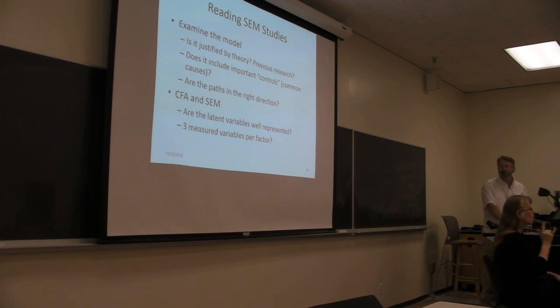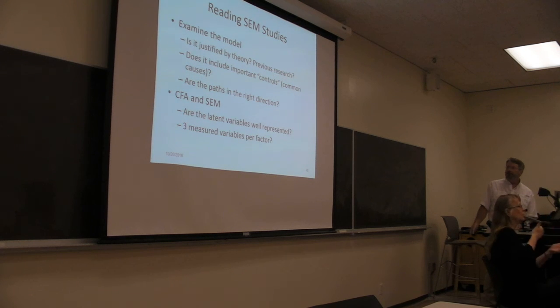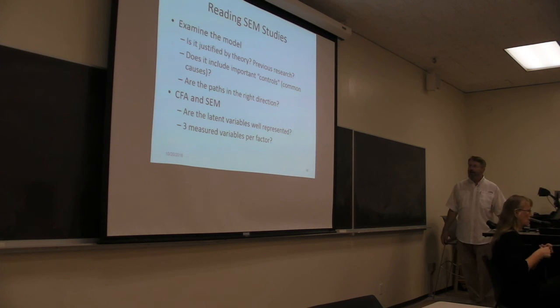Well, the first thing to do is to examine the model. And presumably you know something about theory in this area of inquiry. So you need to make sure that the model is consistent with theory. Presumably you know something about the previous research in that area. And so you need to make sure that the model is consistent with previous research.